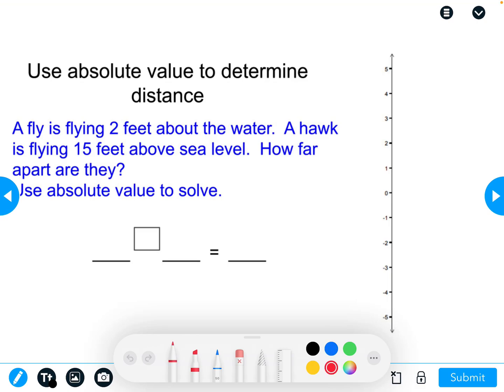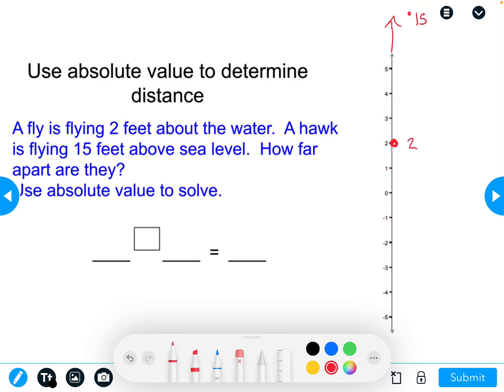All right, use absolute value to determine the distance. A fly is flying 2 feet above the water. So that would be around here. A hawk is flying 15 feet above sea level. Okay, that's going to be way up here at 15. And 2. How far apart are they? Use absolute value to solve.